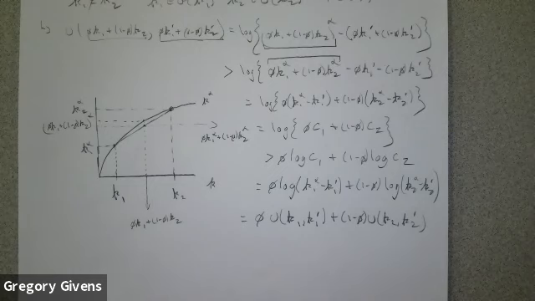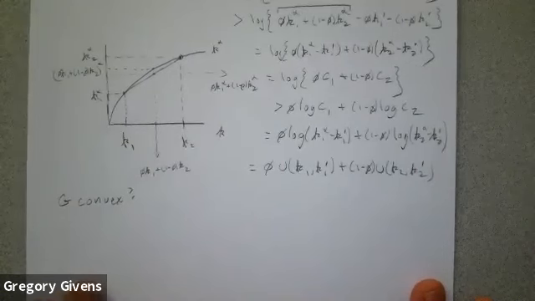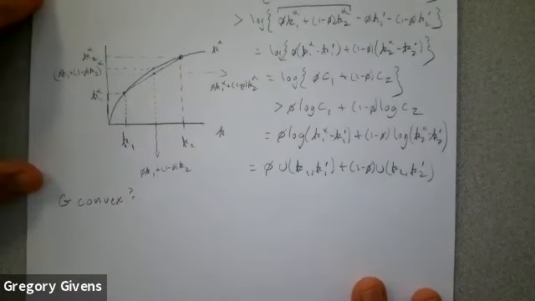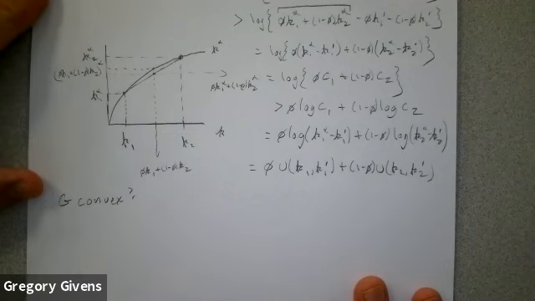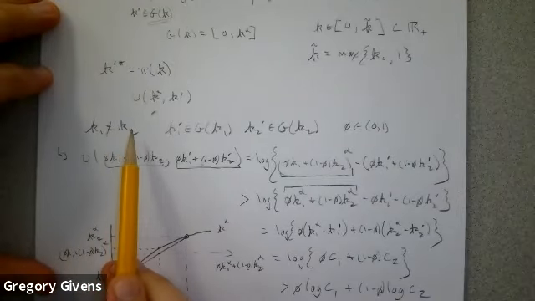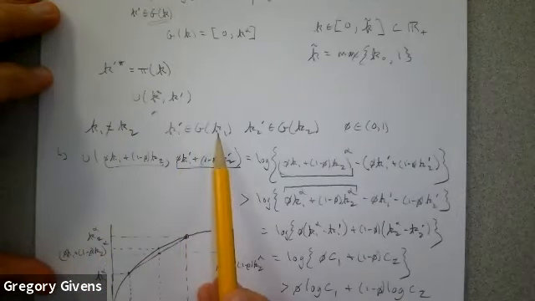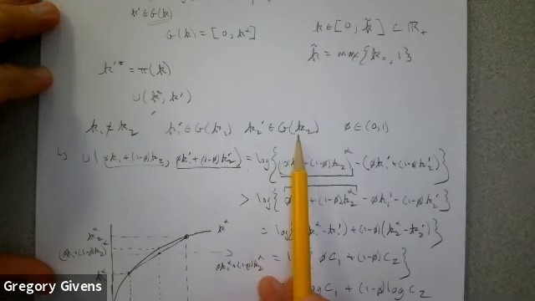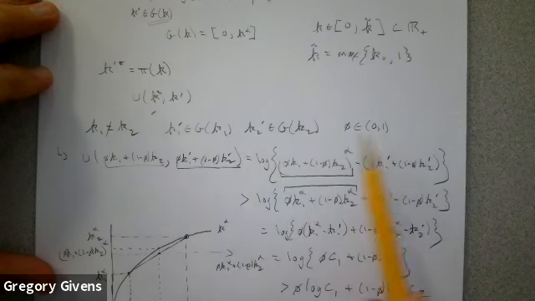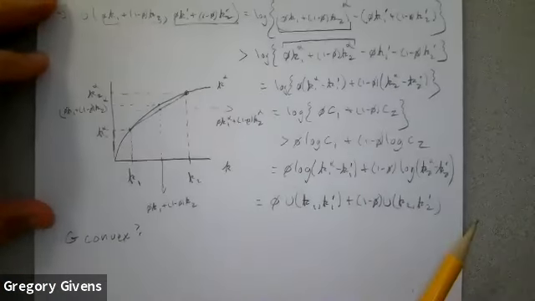Well, hold on. We've got to prove one other thing first, right? And that is that the constraint set G is convex. That's pretty easy to do. How do we prove that? Again, let's consider these two points here, K1 and K2, with a K1 prime in G of K1, and a K2 prime in G of K2. And also let's take some phi between 0 and 1.